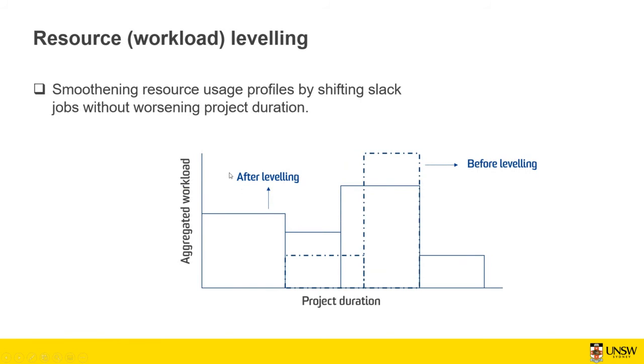So one way of leveling the workload, for example, here, this dashed line was the before leveling. As you can see, there is a short period of time with a lot of workload, and here was a long period of time with minimum workload.